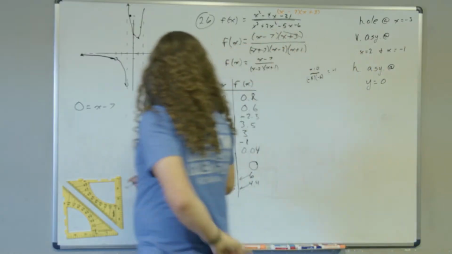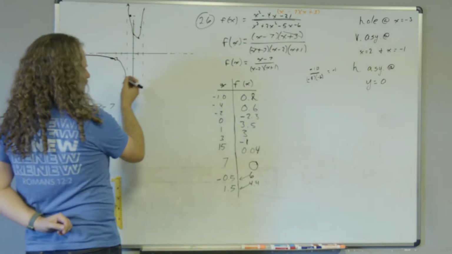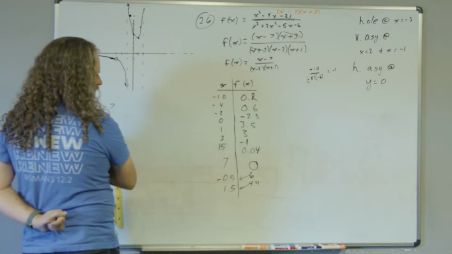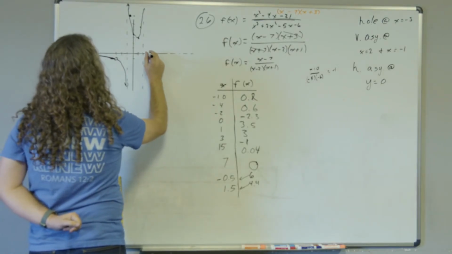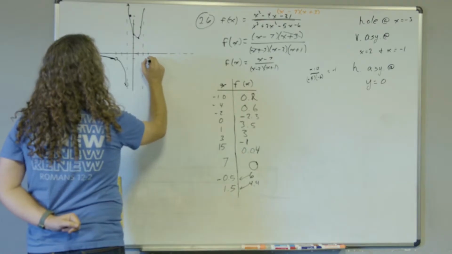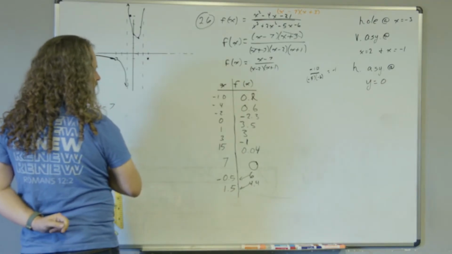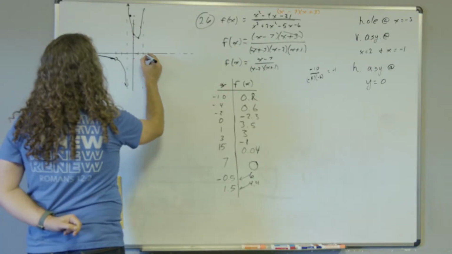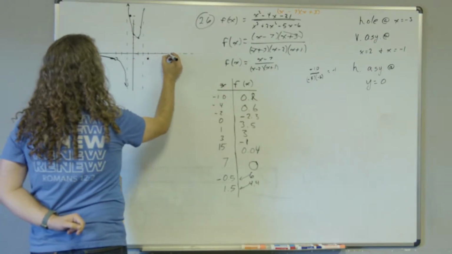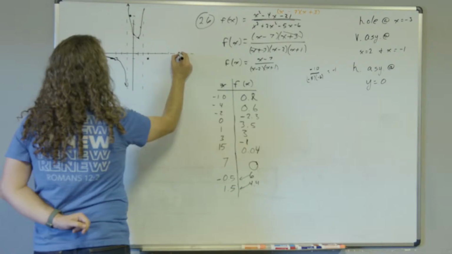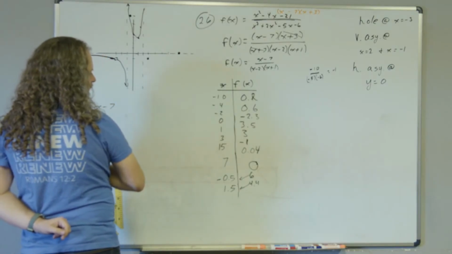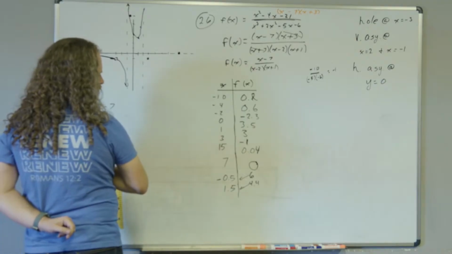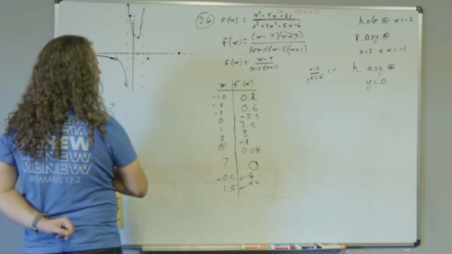So then we've got 1, 3, and 3, -1. And then 7, 0. And 15 is really small.